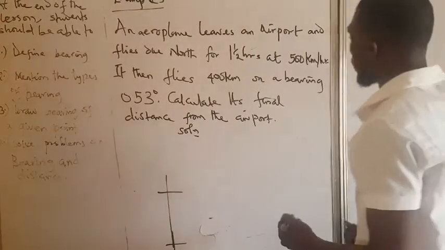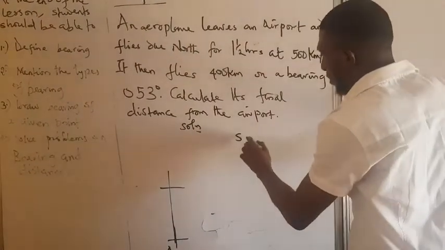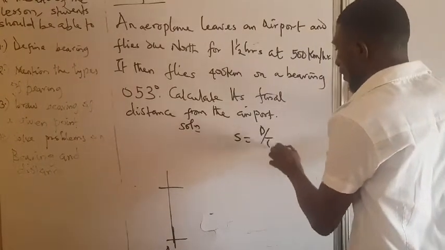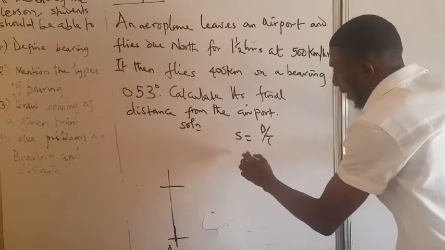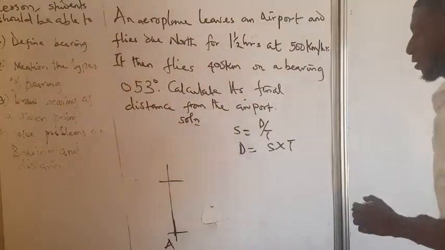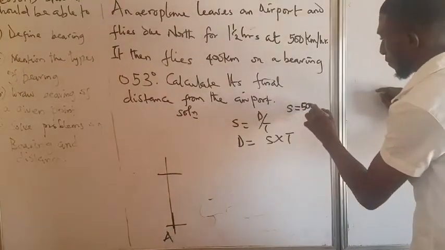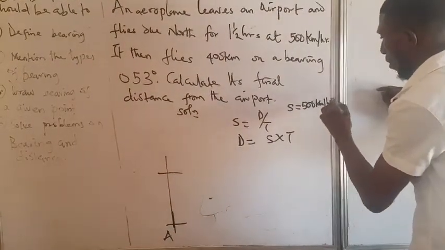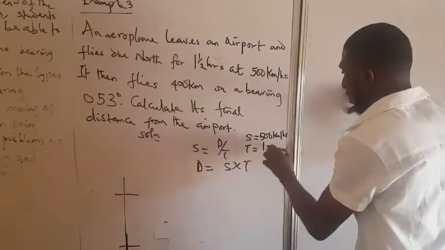To find the distance covered due north, remember that we are given the speed and the time taken. Speed equals distance over time. Cross multiplying, we have distance equals speed times time taken. Our speed is 500 km per hour and the time is 1.5 hours.